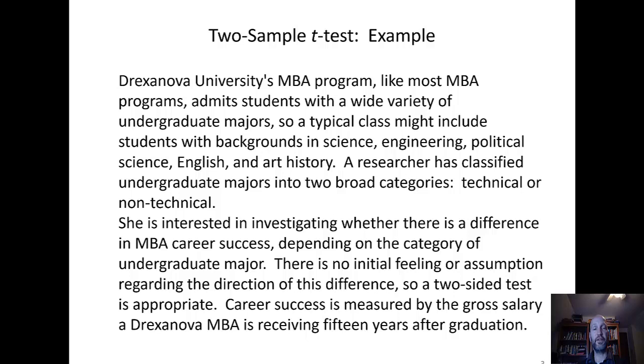The investigator is interested in whether there's a difference long-term in the career success of the MBA students based on this category. So they're going to look at the gross salary 15 years after graduation, and use that as a measure of success.